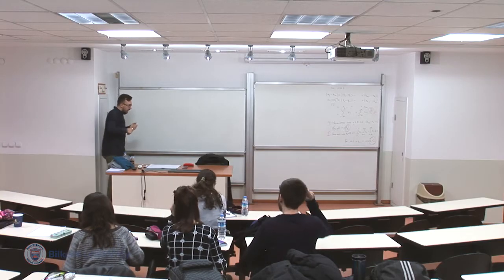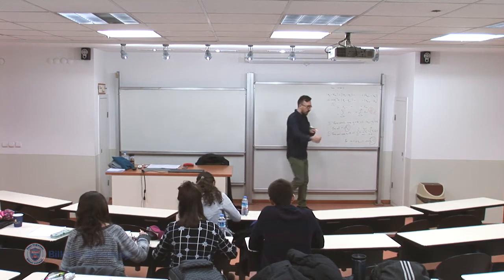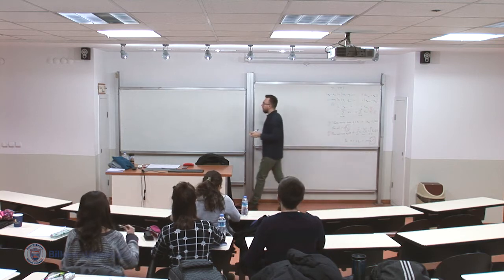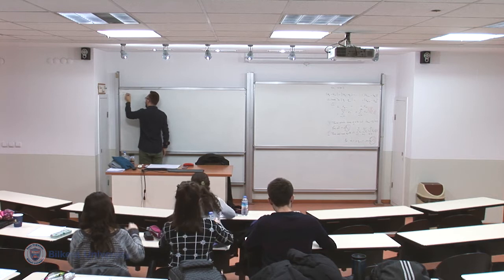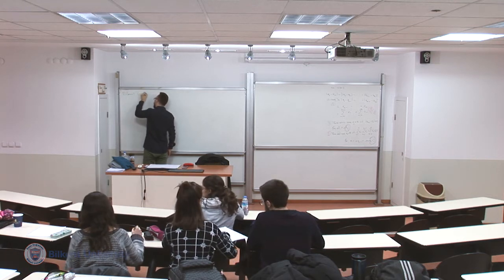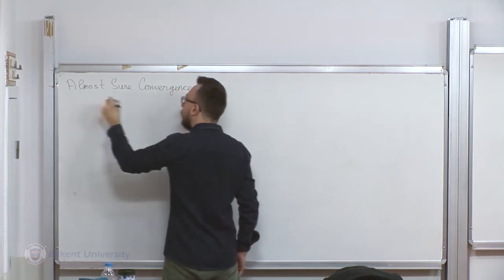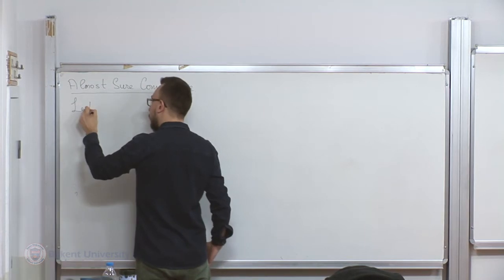Okay, so I guess we're ready to state the first, define the first notion of convergence for random variables. So this is almost sure convergence. So again, we have a probability space.